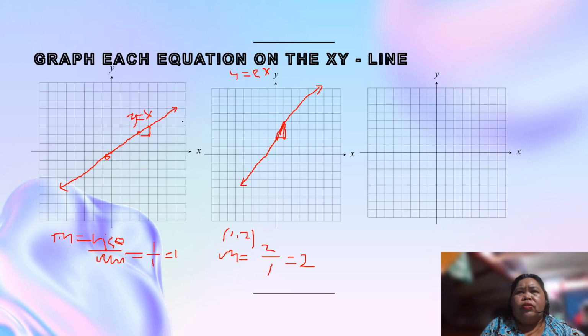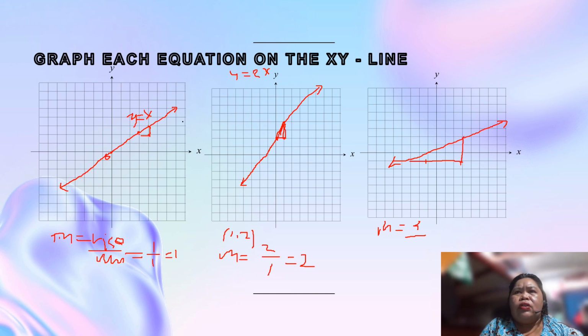For example, in the third one, if you are going to put your line like this, we have a point here, and if you are going to get the slope, m is equal to our rise, which is 1, 2, 3, so 3, over our run, which is 1, 2, 3, 4, 5, 6.